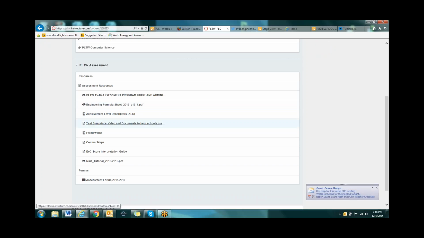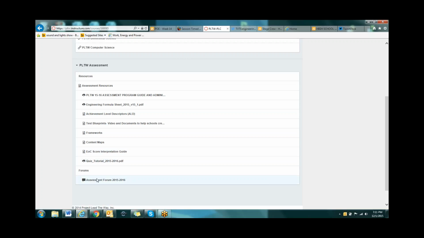It does get into looking at frameworks, content mapping, and how they actually look at scoring the end of course exam, because again it's a stanine, so the students will get a 1 through a 9 score on the EOC. It's similar to an AP test where a student would get a 1 through a 5. Only a small percentage of them should get a 5, and the largest percentage should get a 3. So if your students are getting 7, 8, 9s, they're on ours. That's really good. They're doing well.